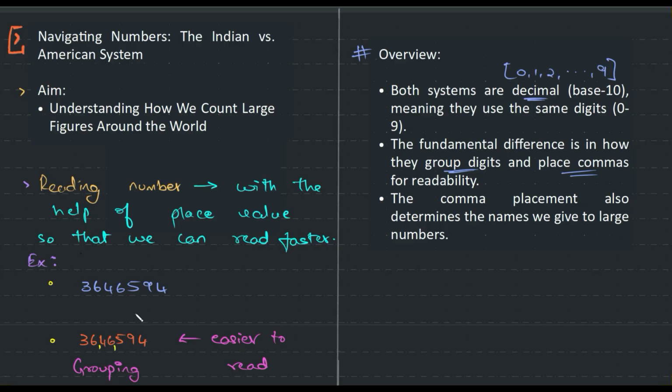All of this is fundamental. Now we're looking at reading them. Reading becomes easy with separation, with the help of place value, so we can read faster. So we put commas and then read them. We are basically grouping them to read them, nothing else.